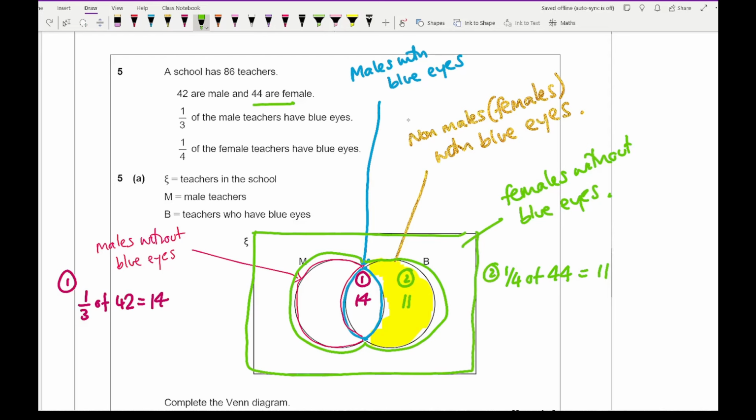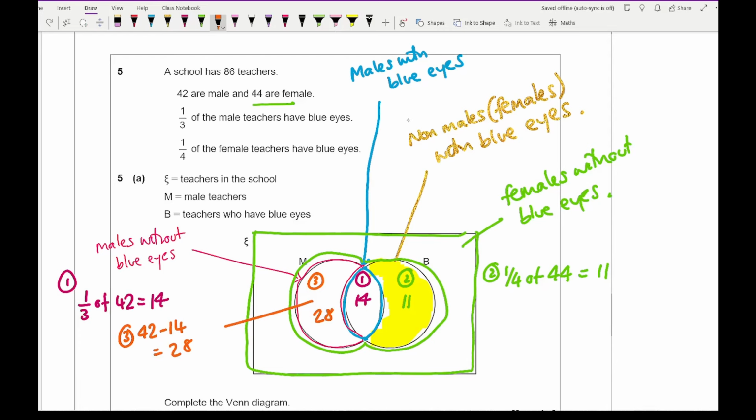Then working out this region here, so let's call that number 3. Well, we know that all of that circle of M needs to add up to 42. So if I do 42 minus 14, I get an answer of 28. So that's going to be 28.